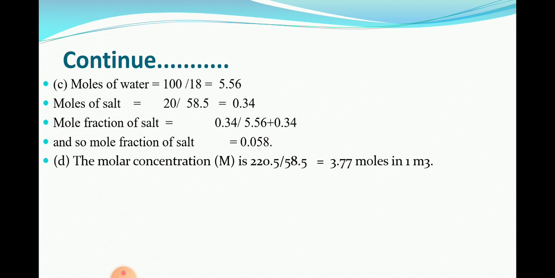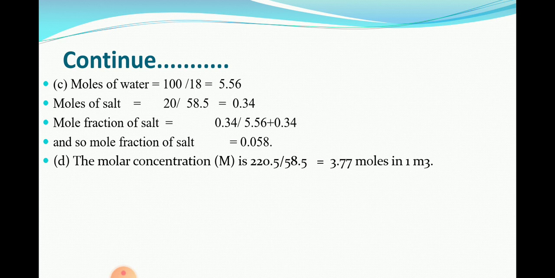Moles of water will be calculated as 100 upon 18, so we obtain moles of water 5.56. Moles of salt, when we calculate 20 upon 58.5, we obtain 0.34. The mole fraction of salt depends on moles of salt and water, solute upon solvent.